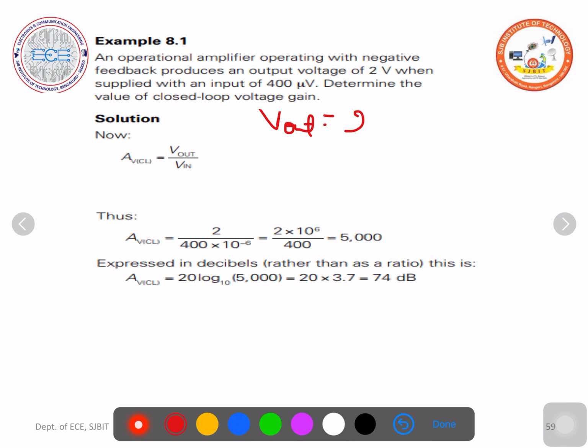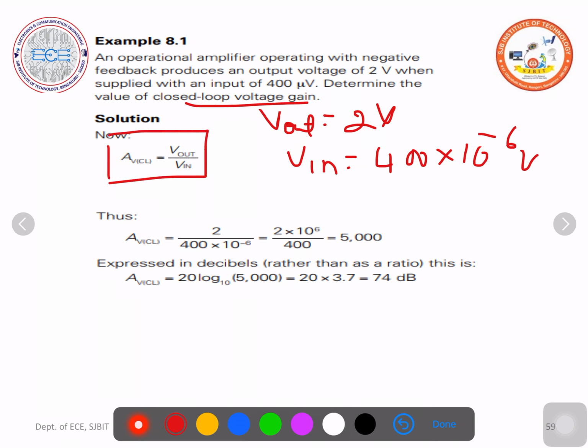So here is a simple example, just like a KVL problem. An operational amplifier operating with negative feedback produces an output voltage of 2 volts when supplied with an input voltage of 400 microvolts. Determine the value of closed loop voltage gain.